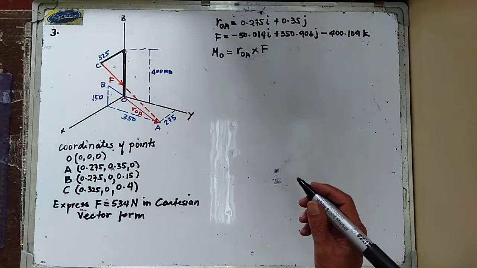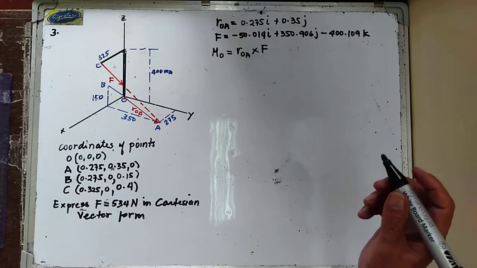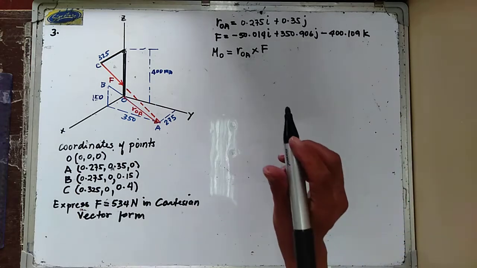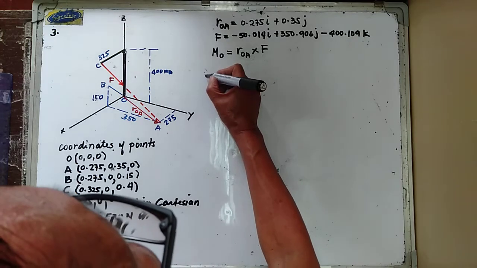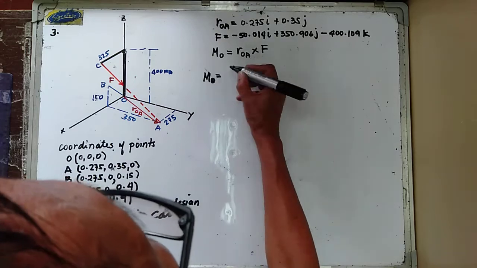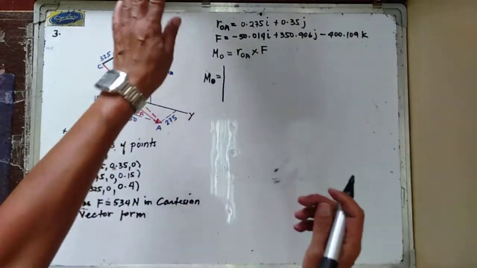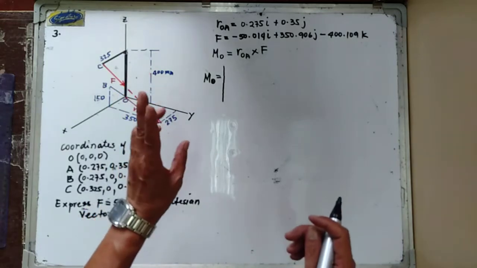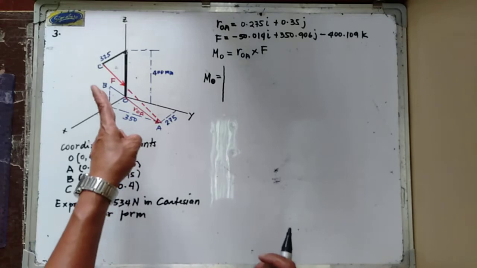Let us apply the third order determinant. So MO is equal to, again I repeat, the position vector always comes ahead of the vector.